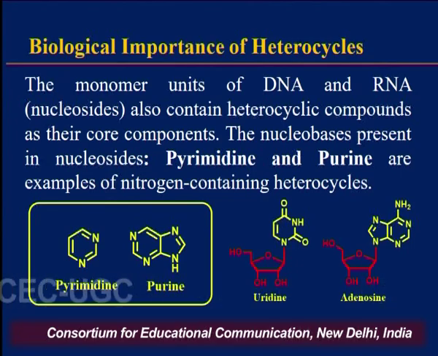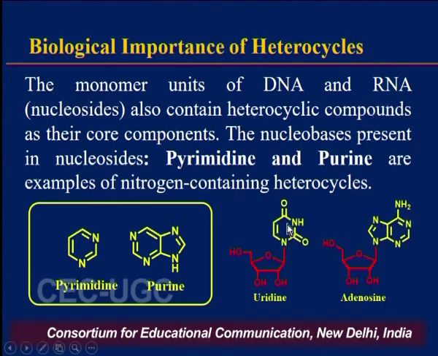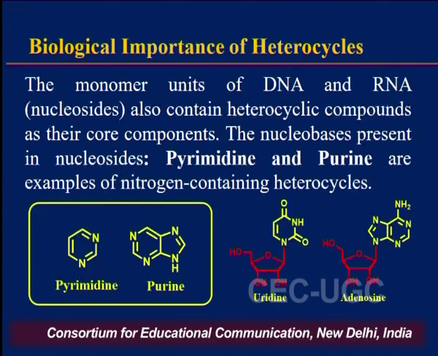All kinds of nucleobases have pyrimidine and purine as the core unit in their structure. For example, you will see uridine and adenosine. In uridine there is a pyrimidine nucleobase present, and in adenosine there is a purine nucleobase present. In this way we can say that heterocyclic compounds are playing a very important role in our daily life. In fact, we are surrounded with heterocyclic chemistry.